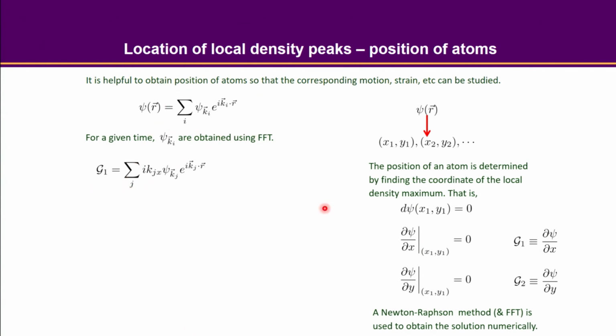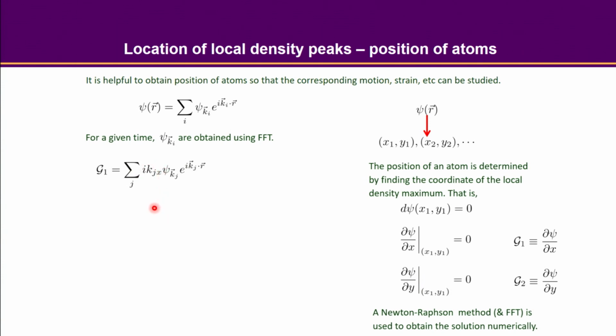For example, if I take the derivative of psi with respect to x, that would just bring down this kx in front of the Fourier coefficient. I think it's probably better to switch the summation index from i to j, because there's always this ik. I'm trying to avoid the confusion, although I think I've caused too much confusion before.